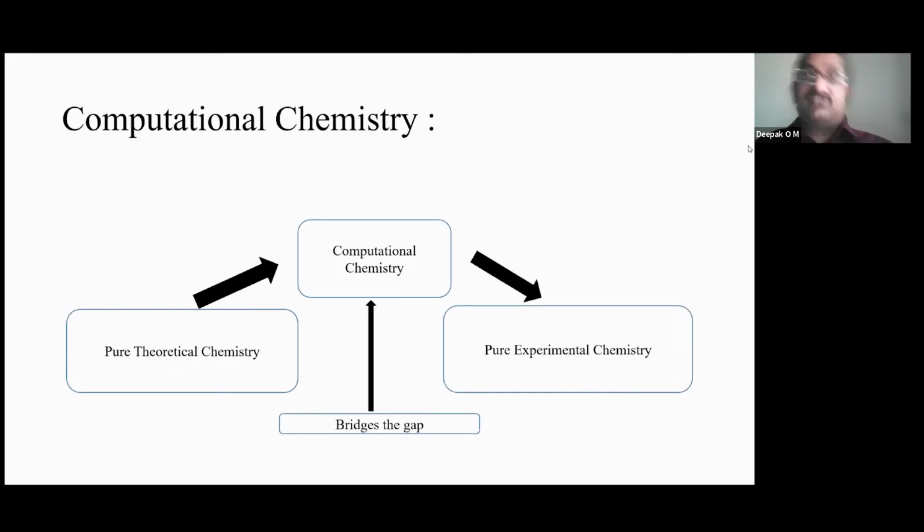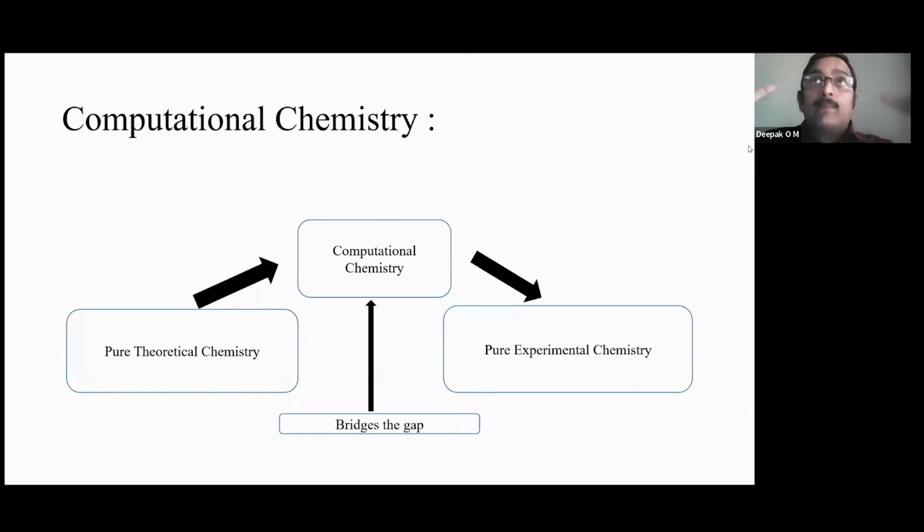That also gives you an insight into systems and processes that exist in nature. So these are two distinct ways of approaching the chemistry associated with systems. You have a pure theoretical chemistry branch and a pure experimental chemistry branch.